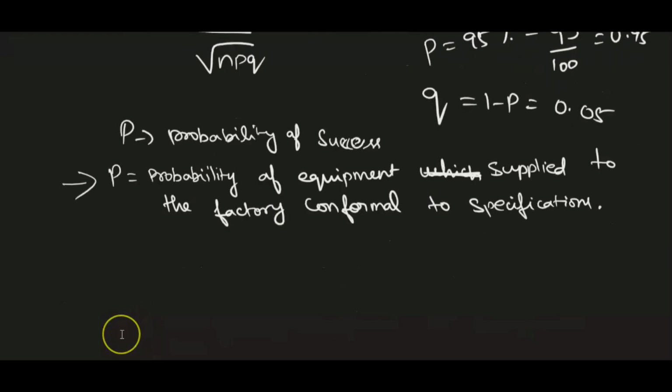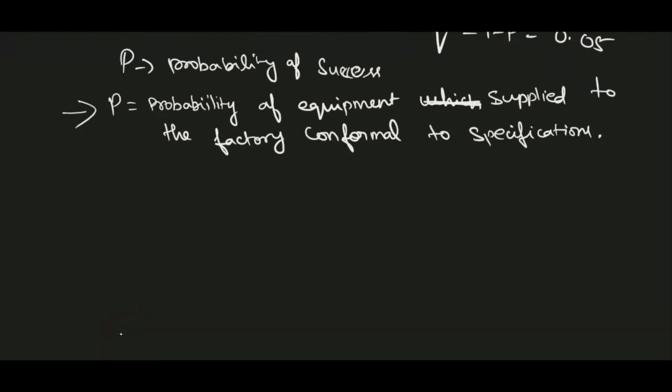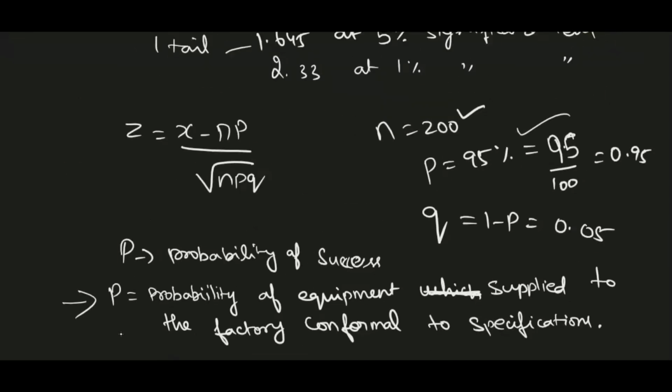So we know what is n, p, q. Then what we have to find? np also, right? So np is 200 into 0.95, that's equal to 190. So np is 190, I know, but in the numerator x minus np is there, right? np is what we are supposed to get.